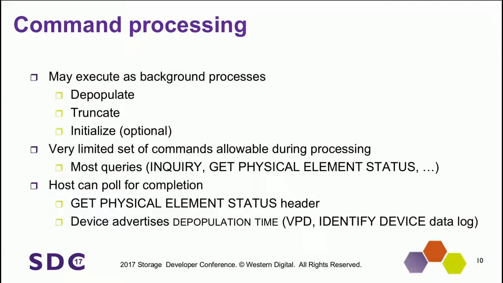There's a depopulate operation, which reduces the physical capacity by casting out one physical element from the usable inventory. It performs a truncate operation, which is a reduction in logical capacity, and then an optional initialization function, format.